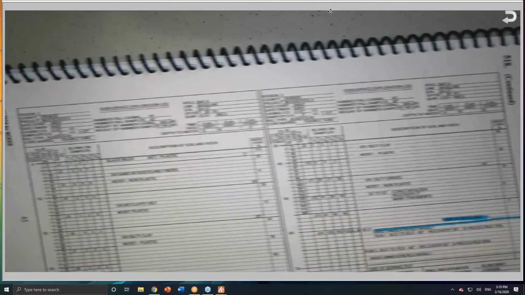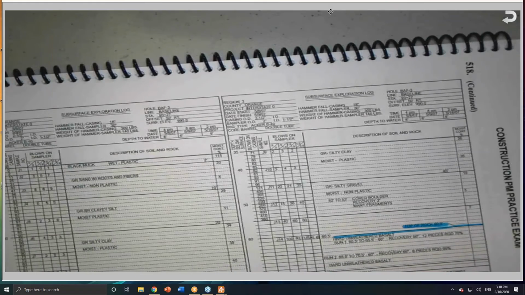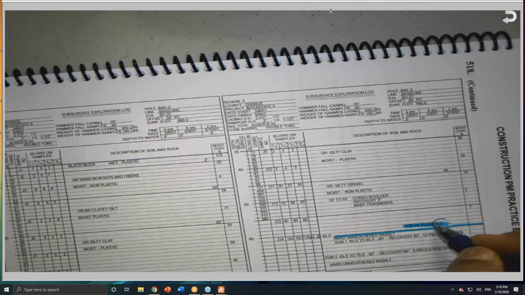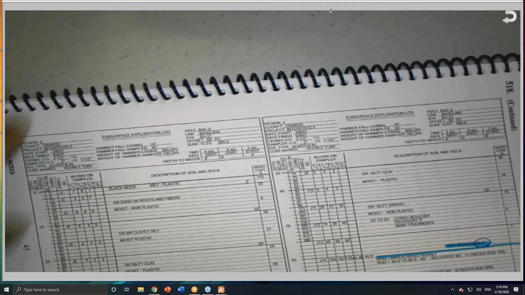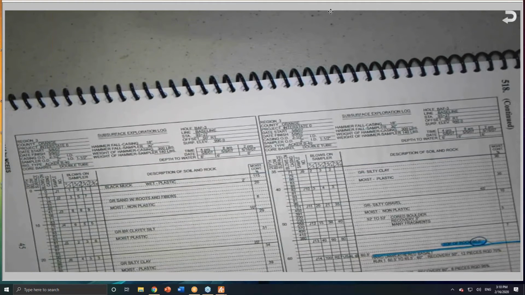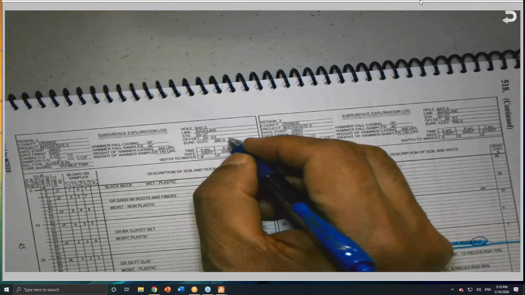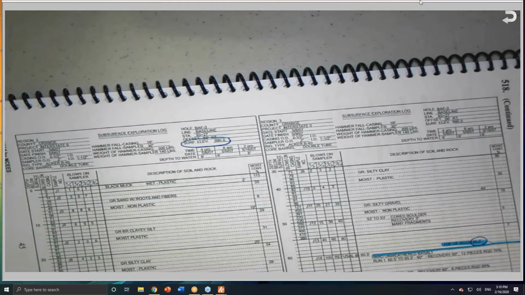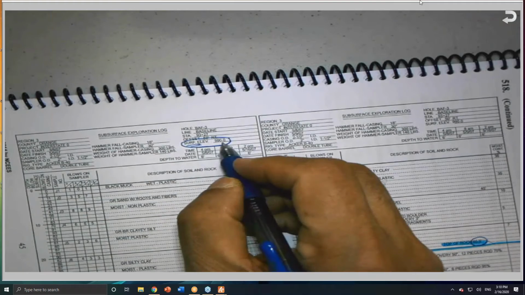So the top of the rock is at 60.5 feet. This is one piece of information that we need. What about the surface elevation? Surface elevation is 990.